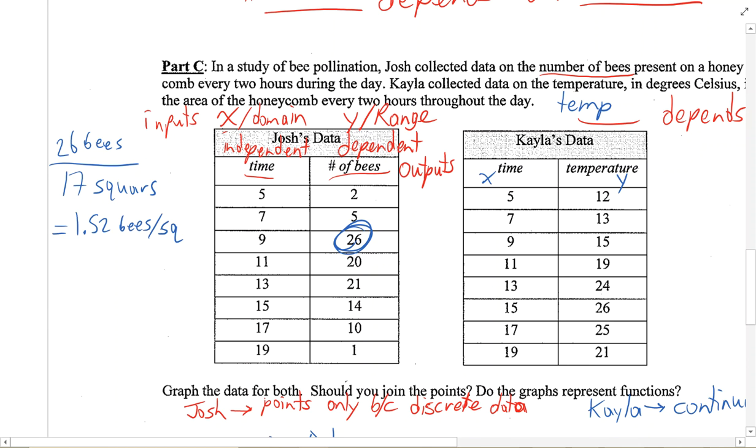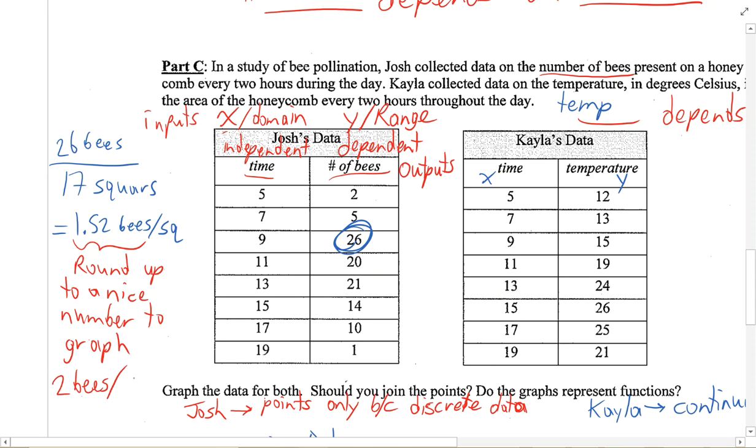But it doesn't make sense to graph that. What you want to do now is you want to round up. Okay, round up to a nice number to graph. And so what we're going to do is we're going to graph each square represents 2 bees. Okay, so 2 bees per square.